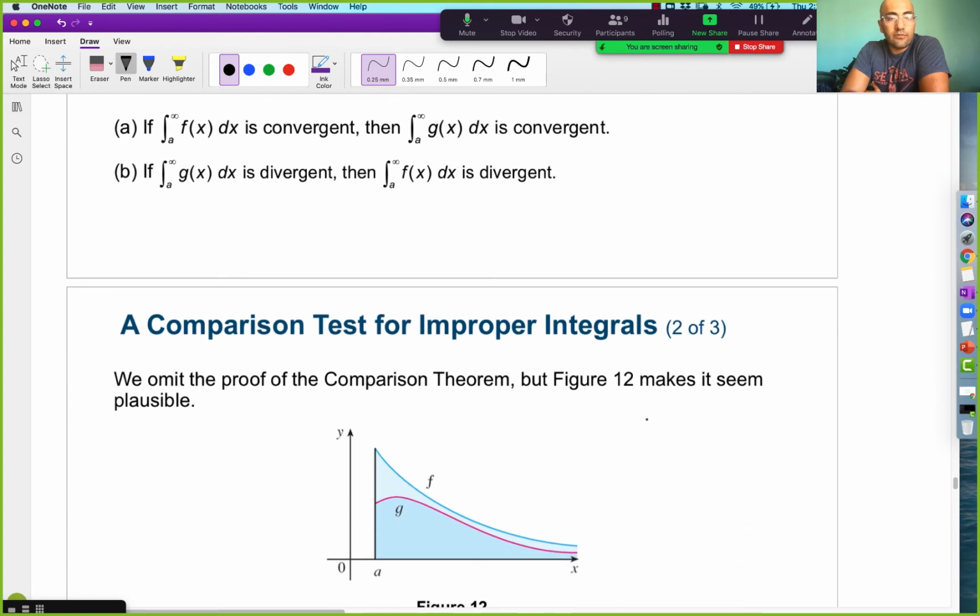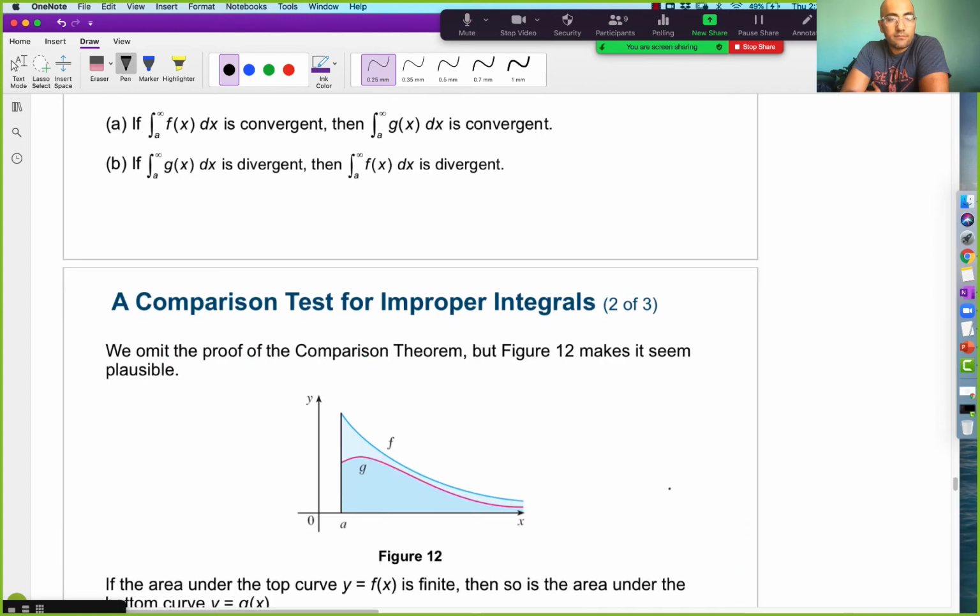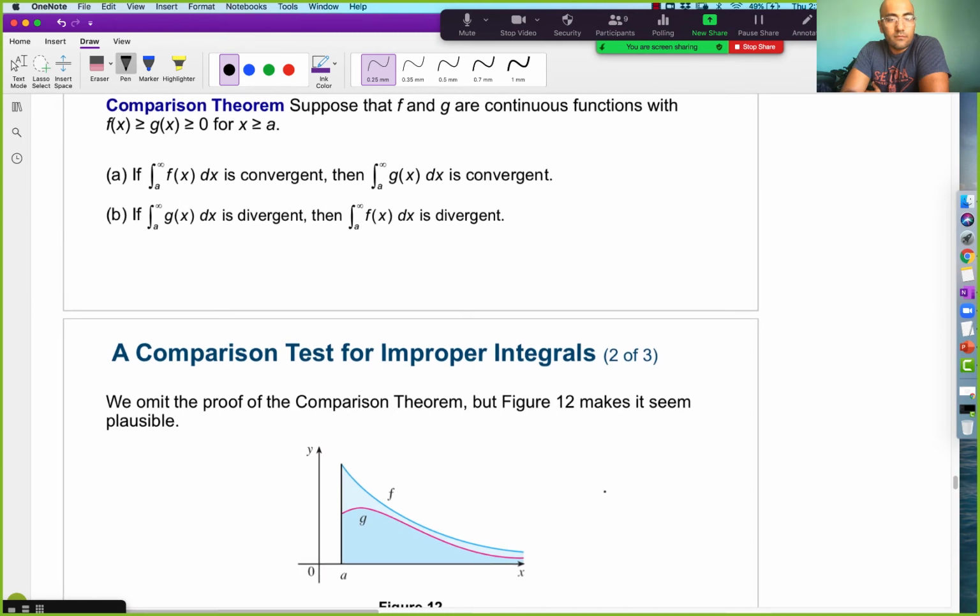Good. So here's a nice picture of that whole process. Here is just the visual. We have a case where the f function is always bigger than or equal to the g function, and they're both always positive, so they're both above the x-axis. And so we can conclude two different things, right? As we're finding these two areas, one of the areas is the area underneath the g function, and the other area is the area underneath the f function.